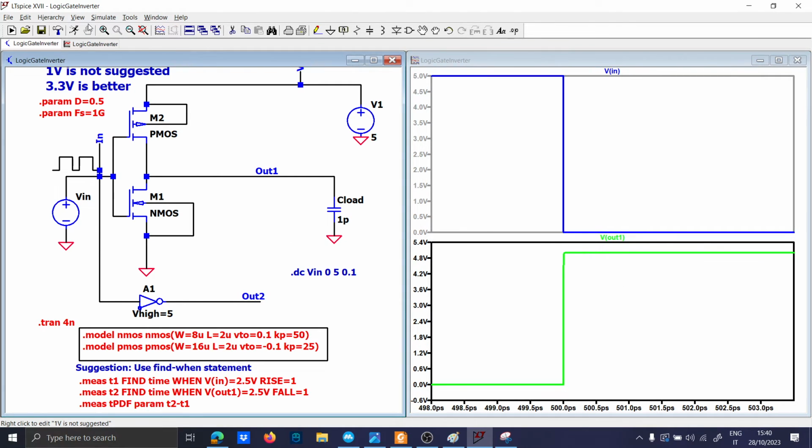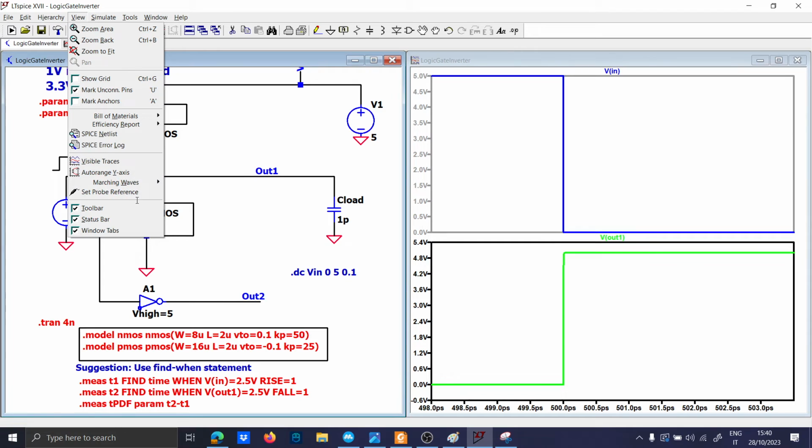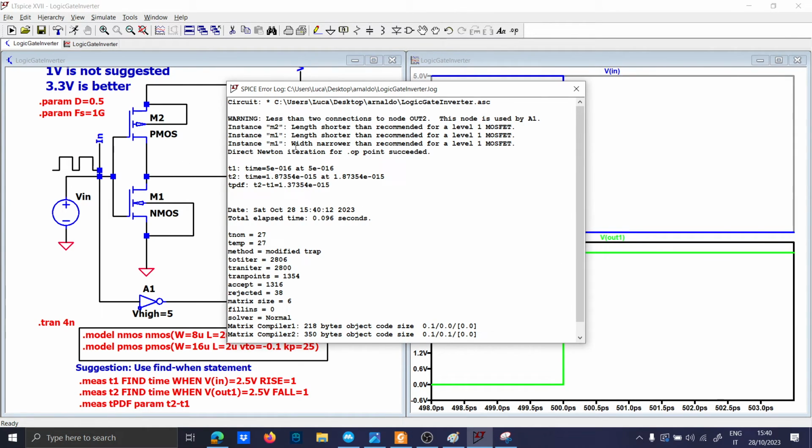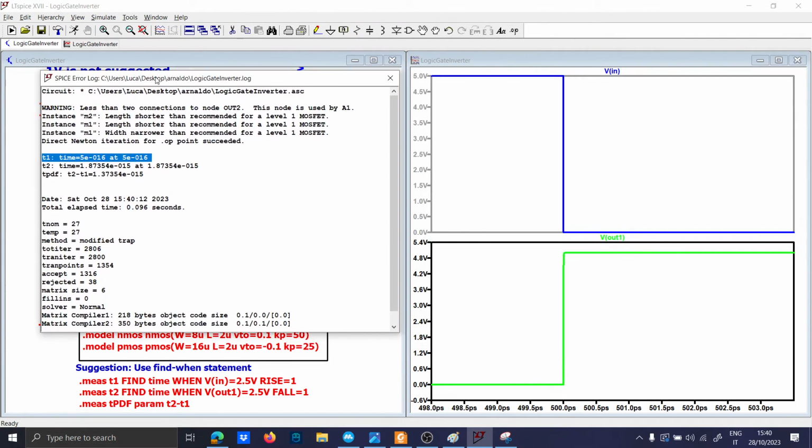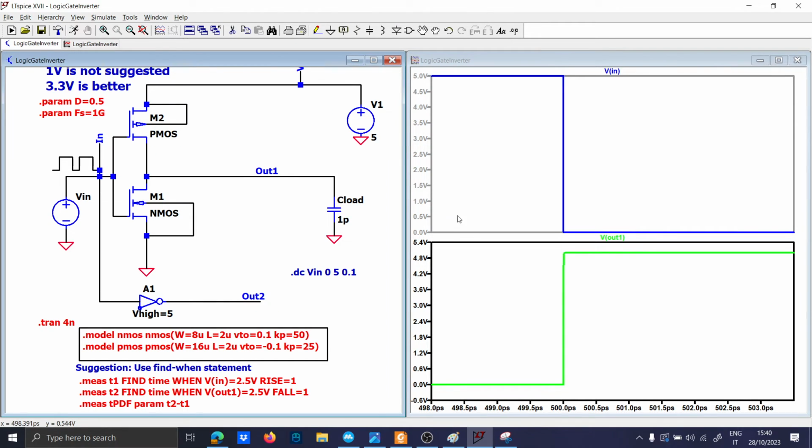If you see the error log view, you can see that it has found the time in which effectively we have 2.5, basically at the beginning of the simulation.